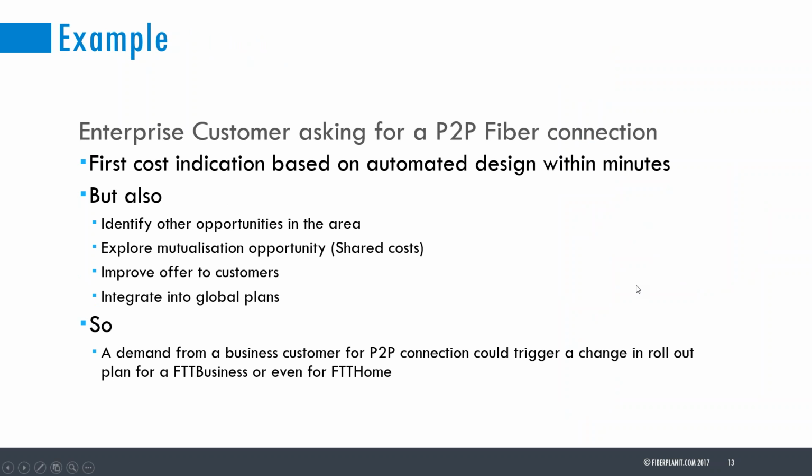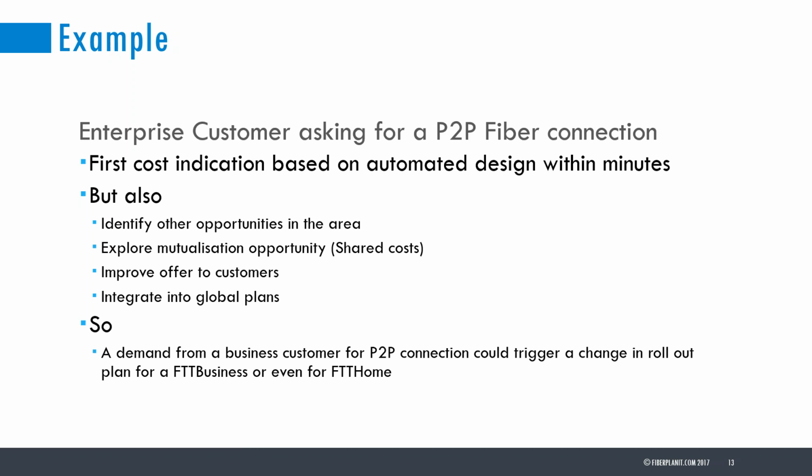To give you an example, if an operator gets a question from an enterprise customer who wants a point-to-point fiber, you could use FiberPlanIT to do an automated design within minutes and get a first cost estimation. But where it becomes a lot more interesting is if you can use the outcome of this calculation, or use the information, on other projects.